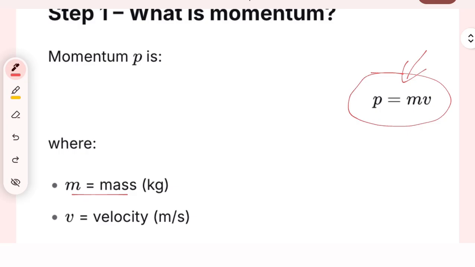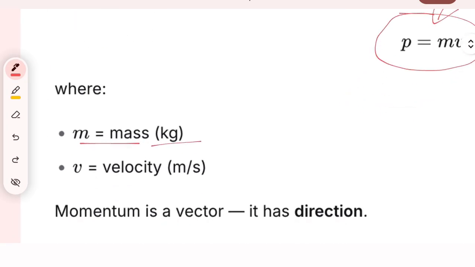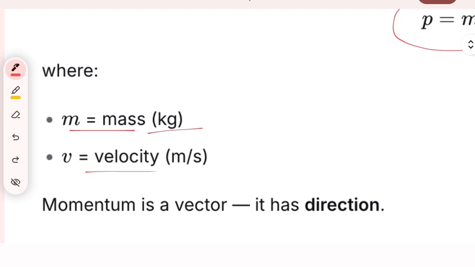If the mass is in kilograms and the velocity is, for example, in meters per second, you can have a vector. A momentum is actually a vector because it has a direction, of course, because of the velocity. So it has a corresponding direction.